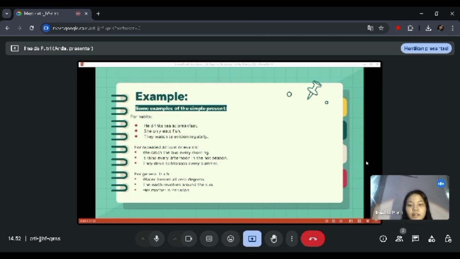Second, for repeated actions or events: we catch the bus every morning. It rains every afternoon in the hot season. They drive to Monaco every summer. For general truths: water freezes at 0 degrees. The earth revolves around the sun. And her mother is Peruvian.